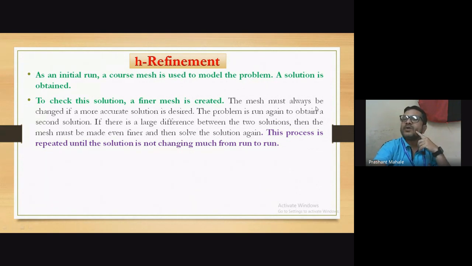The mesh must always be changed if a more accurate solution is desired. So if you go on creating finer and finer mesh, the coarse mesh is converted to a finer mesh, you get a result. Then again create a finer mesh of the finer mesh, then get the result. In this way, the change in the result will eventually get stagnated.